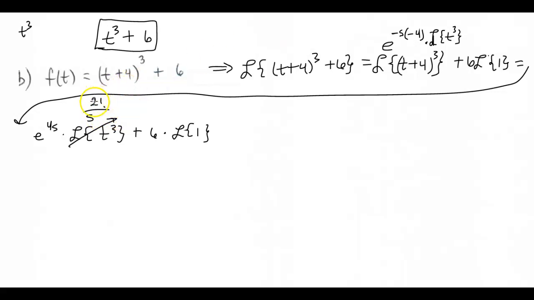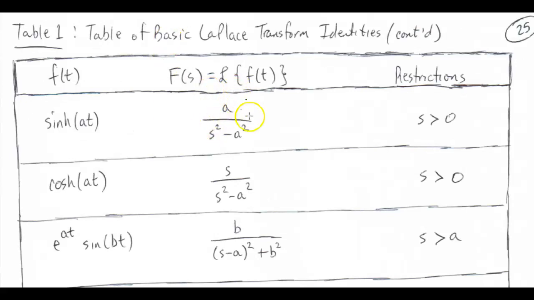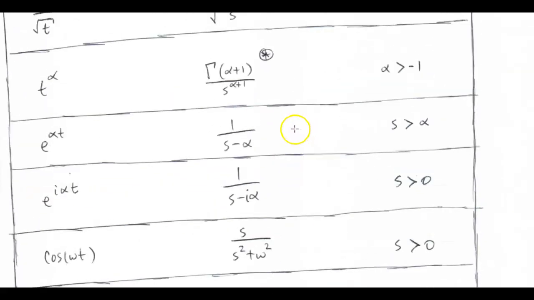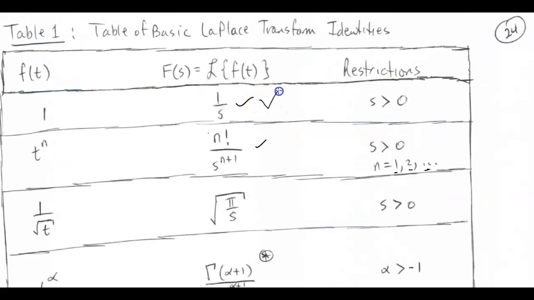I don't know why I wrote 2. So this should be 3 factorial divided by s raised to the 3 plus 1. And the Laplace transform of 1 is just going to be 1 over s. And of course, if we look at our table again, we will see that right here.